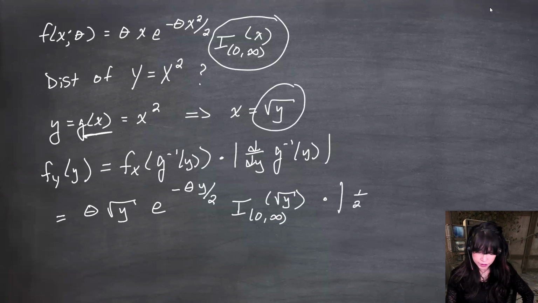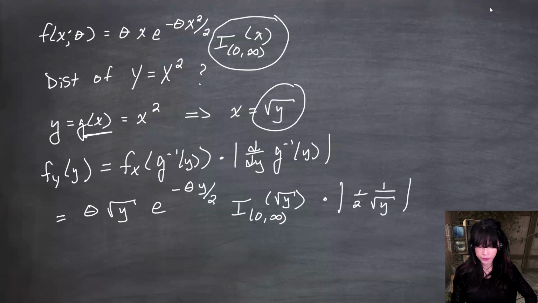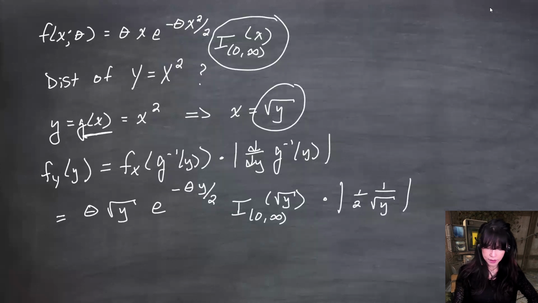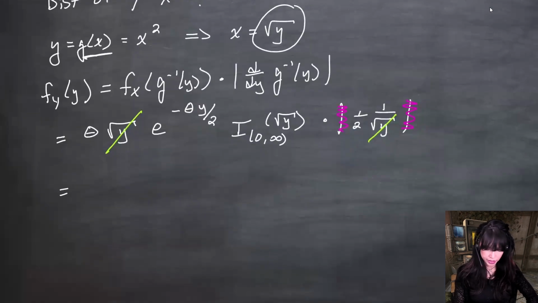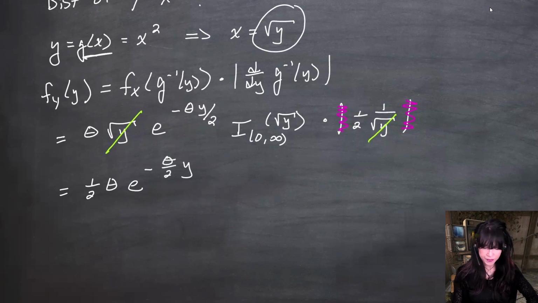So we'll get 1/2 y to the negative 1/2, or 1 over the square root of y. And that is nice and positive already. So I can drop the absolute value. We are going to get this ugly square root of y to go away. That's pretty nice. And I'm left with 1/2 theta e to the minus theta over 2 y.